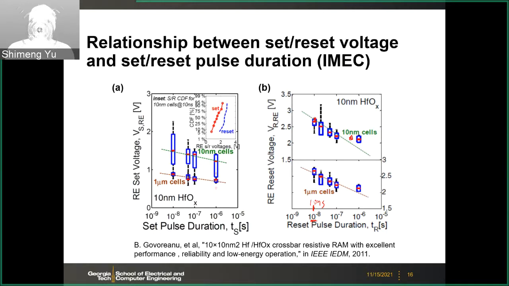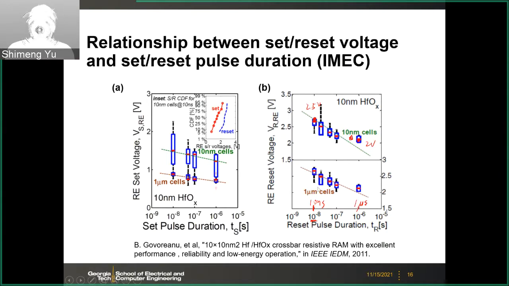You need to apply larger voltage, like 2.5 volts. If you relax your reset pulse to 1 microsecond, then you only need to apply 2 volts. So here you see the different combinations.